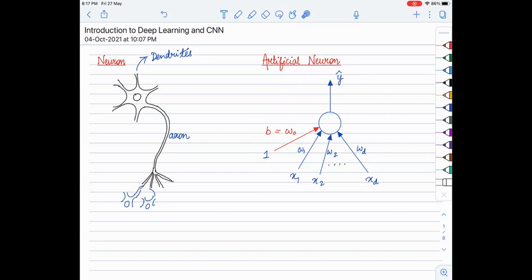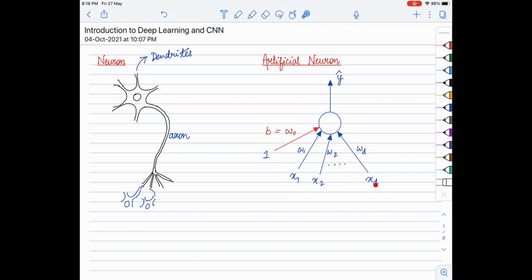But this is one such neuron. Now let's see what computation it does. The computation is very simple. Suppose it receives x1, x2, x3, x4, x5 up till xd. Here d is some number, maybe 10. We are just putting d to mean that it could be any number. This is the dimension of the input.